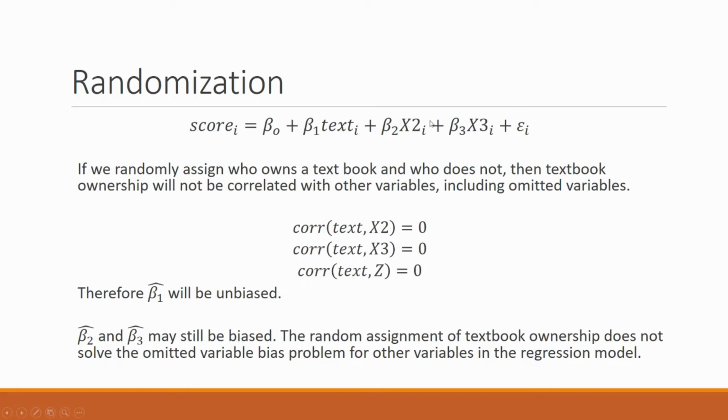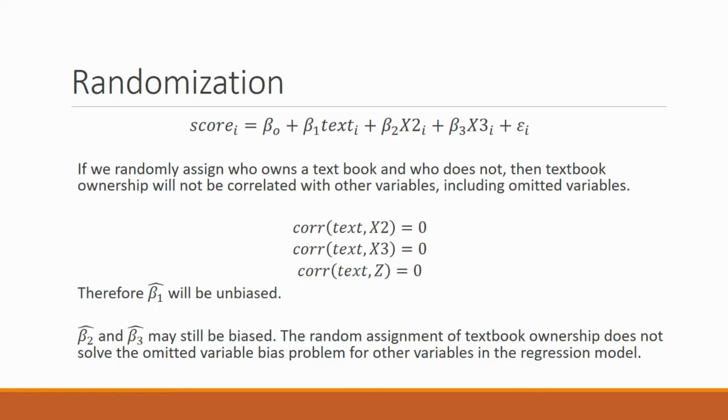And so therefore, if we've randomly assigned who receives the textbook, then we will be able to get an unbiased estimate of beta 1. We'll run our regression model and we'll get an unbiased estimate of beta 1 if the textbook variable is random. Because now the textbook variable is not correlated with anything else, including not correlated with z, the omitted variable, which means there will not be omitted variable bias.